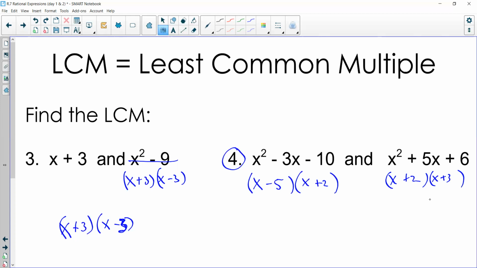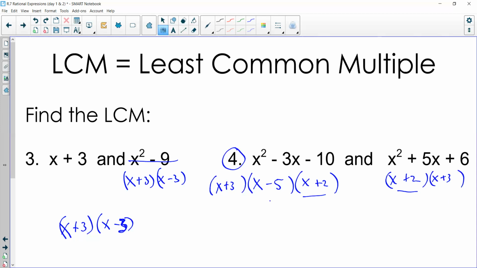If you look at what these each have, they each have an x plus 2. So what we need to do is multiply each one by what they don't have. For example, this one has an x plus 3, but this one doesn't, so I would have to multiply this one times x plus 3.